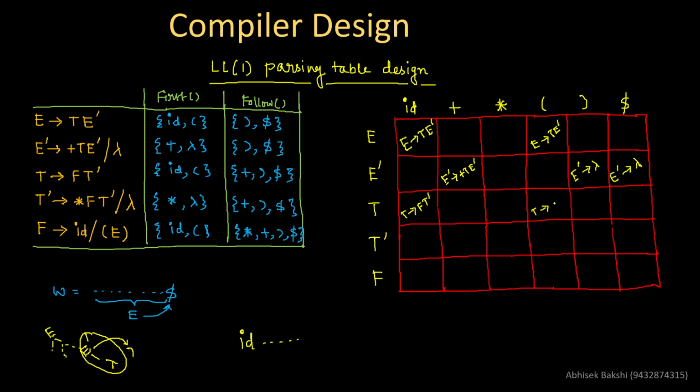T to FT dash. And you see again T dash to star FT dash, same thing. So star is the first character, so definitely wherever there will be a possibility to generate star or multiplication sign at the beginning of the first character, there I can use this particular production rule, T dash to star FT dash.